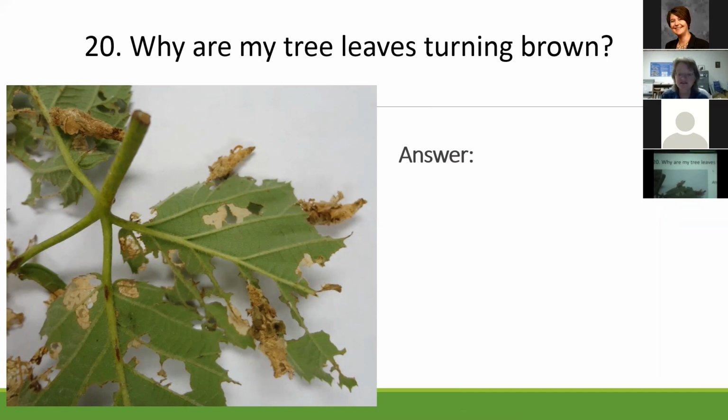Webworms is one answer. If you're talking about my Carolina mantid and Chinese mantid question, I shared that picture with Jim Kalish because I knew he'd enjoy it.